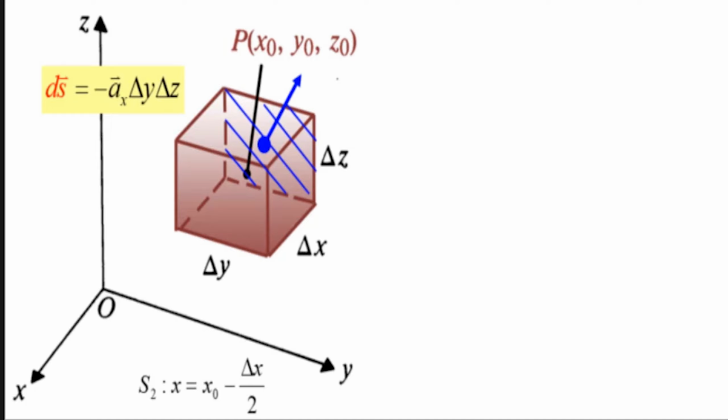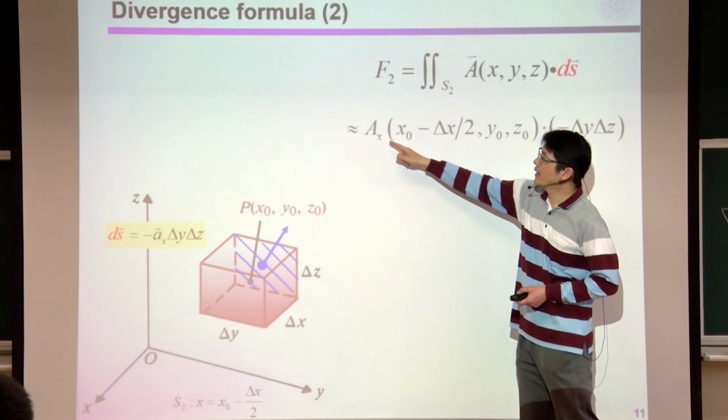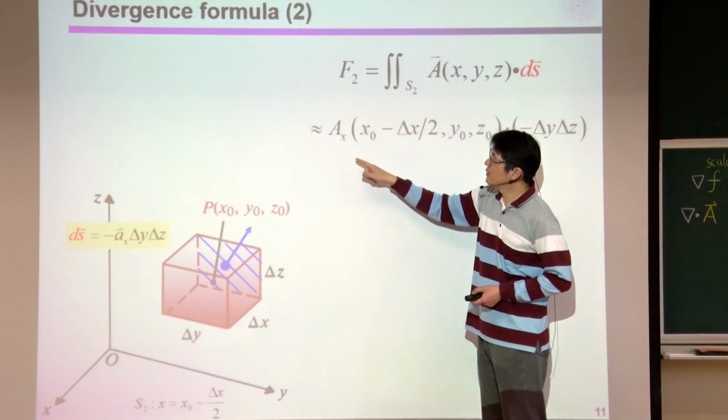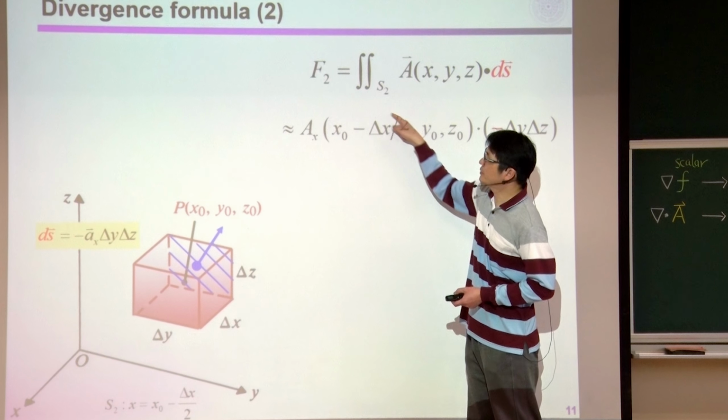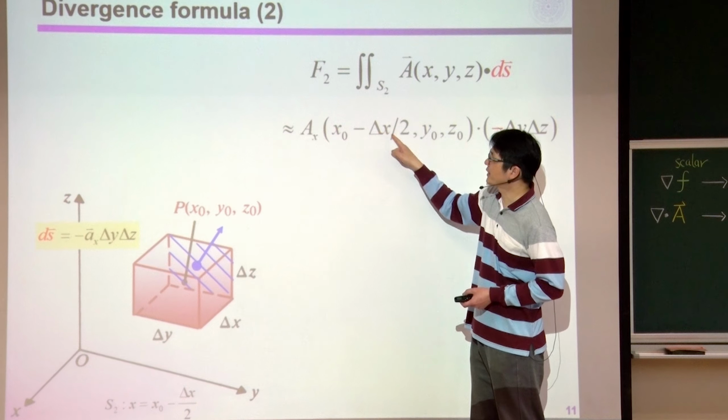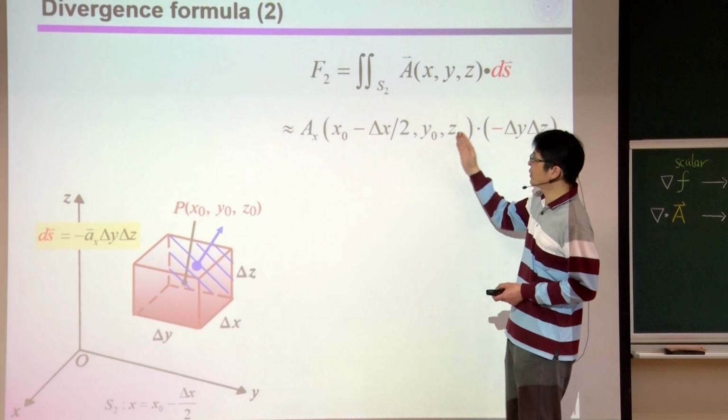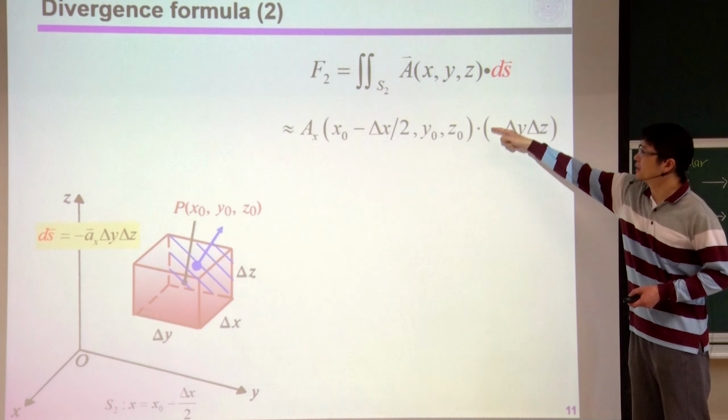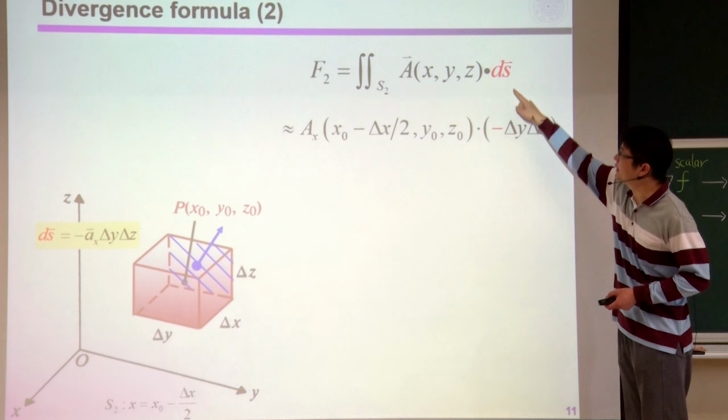This makes my evaluation for the flow on surface number 2 as ax, but now the x value is x0 minus delta x divided by 2, y0, z0, multiplied by, again, ds.